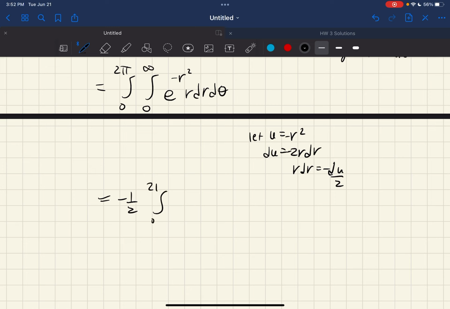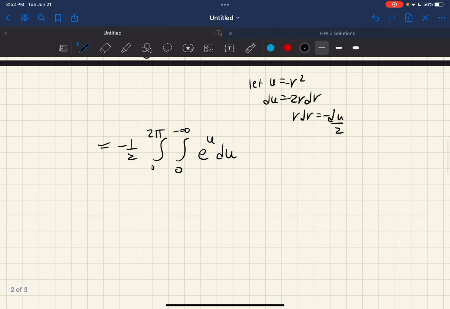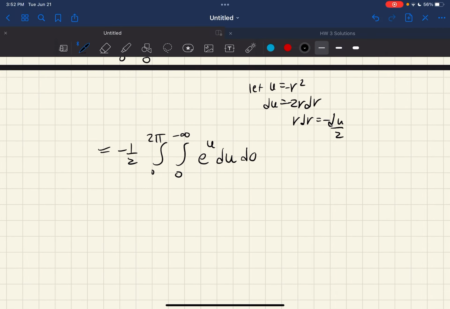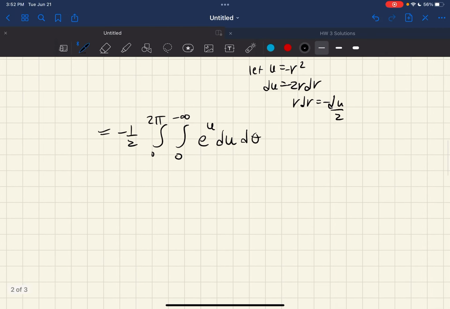The integral from 0 to 2 pi is the integral from 0 to negative infinity, because when r tends to positive infinity, u tends towards negative infinity, so you have to change that bound. And this will be equal to e to the u du.